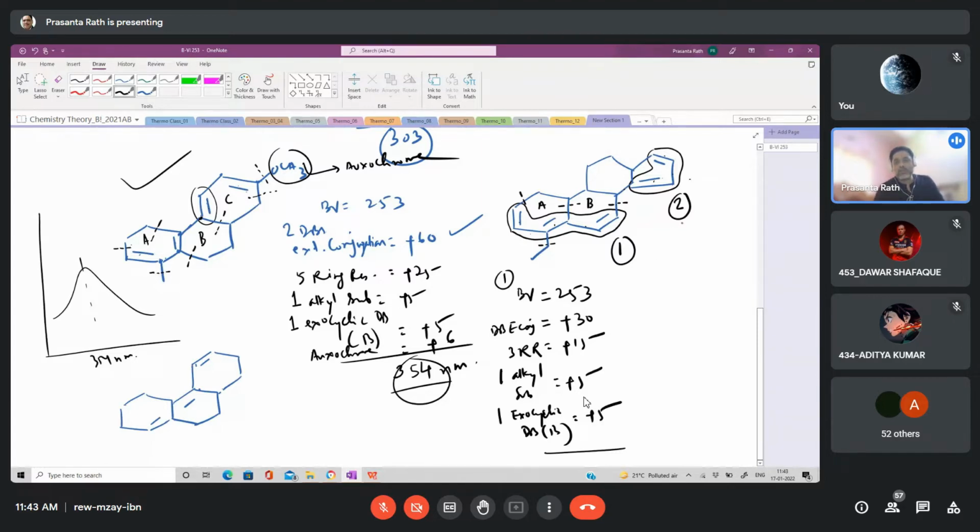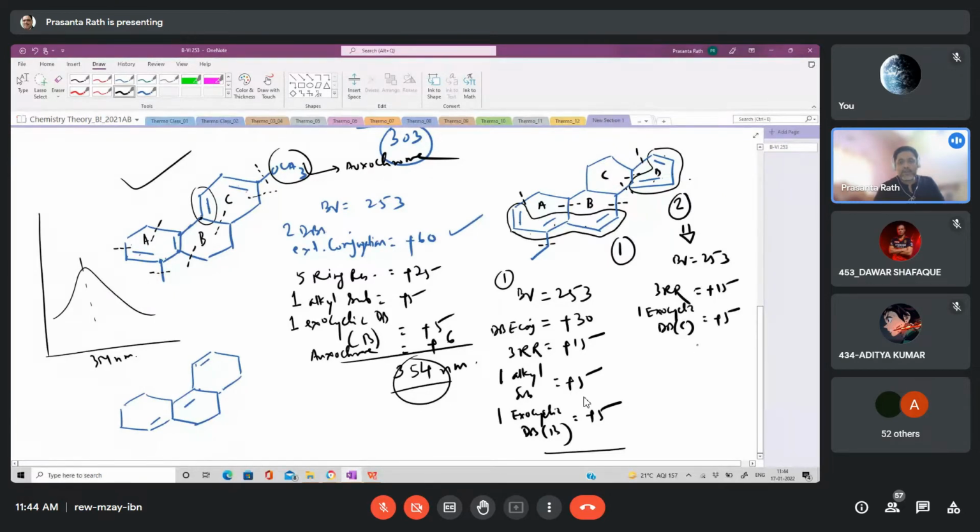And again for 2, basic value is 253, and 1, 2, 3, 3 ring residues, that is plus 15, and one exocyclic double bond with respect to C, that is plus 5. That's it, it will be done.